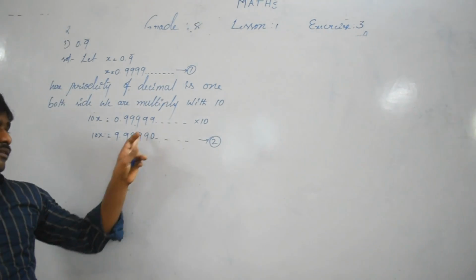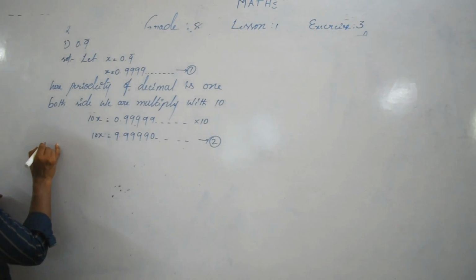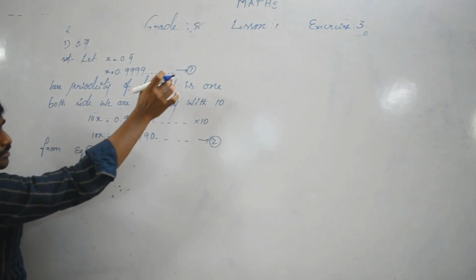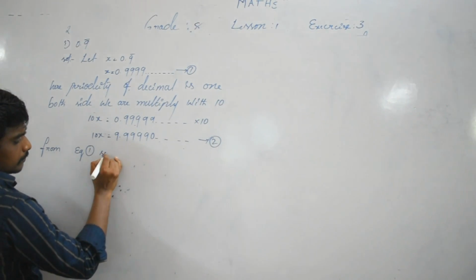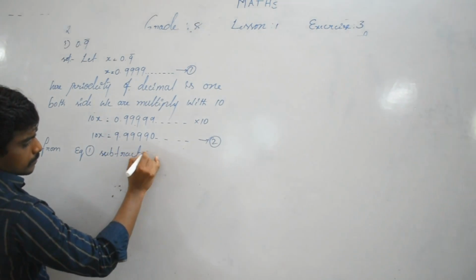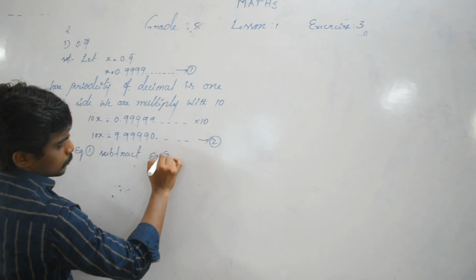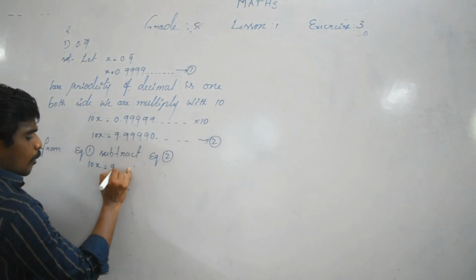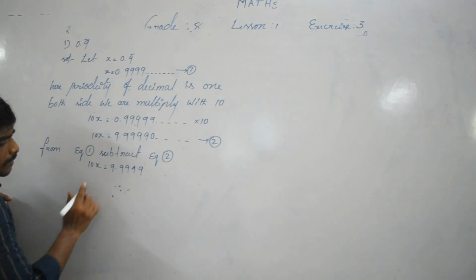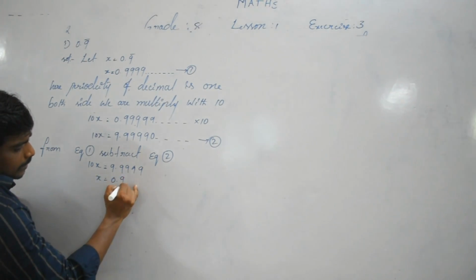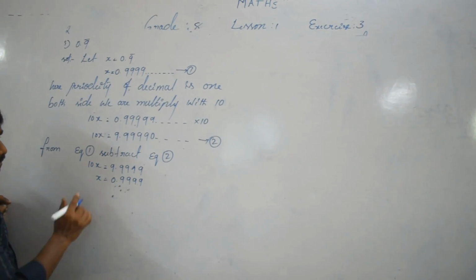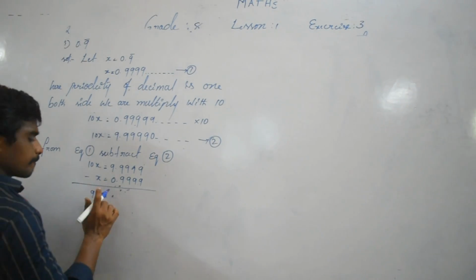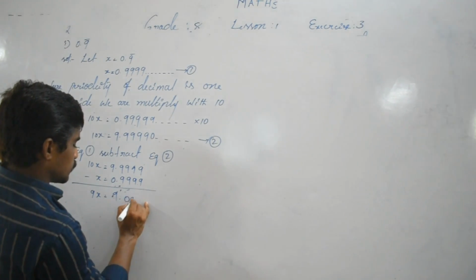When you multiply with 10, this number comes. So now from equation 2, subtract equation 1. So 10x equals 9.9999, x equals 0.9999. Subtracting, 9x equals 9.0.